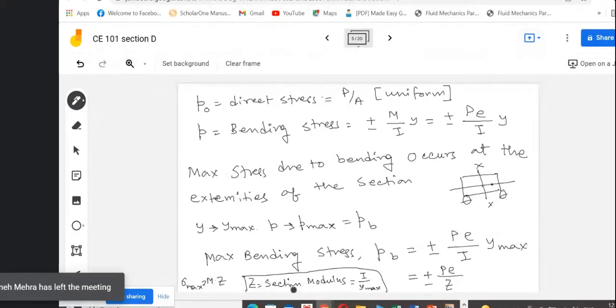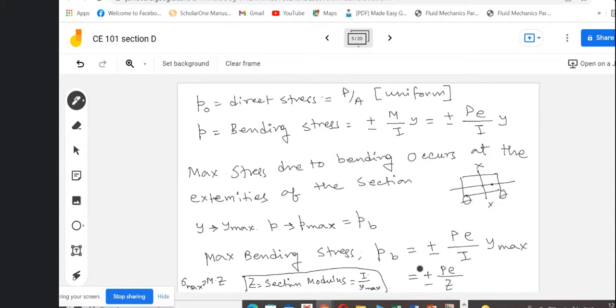The Z is the section modulus when the beam is in bending, and it is a sectional property because only dimensions are required to find it, where I is the moment of inertia of the section about the neutral axis, and y max is the maximum distance of the outer surface or outer point from the neutral axis.